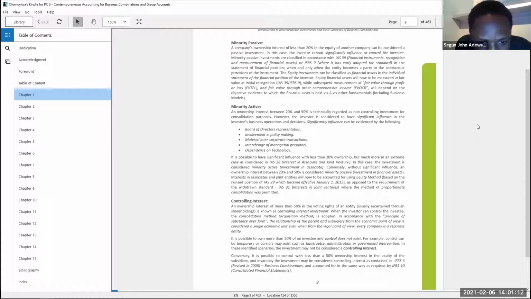The relationship of the parent and subsidiary from the economic point of view is considered as a single economic unit, even when from the legal point of view every company is a separate entity.